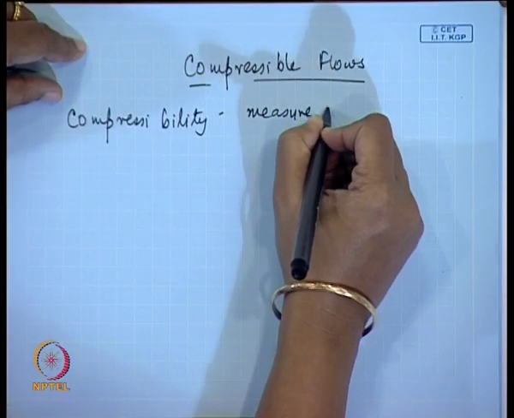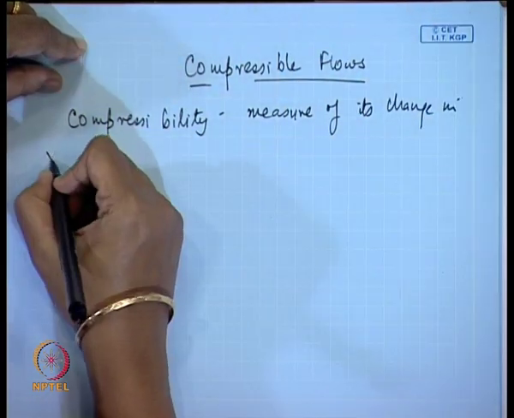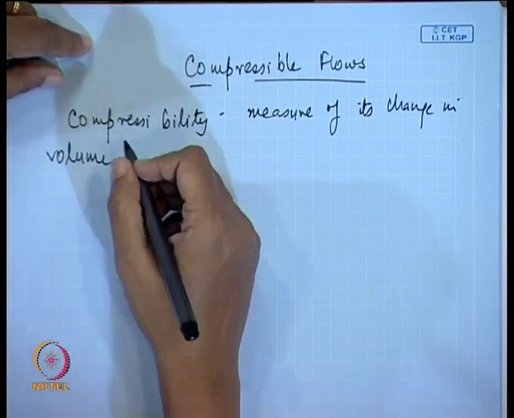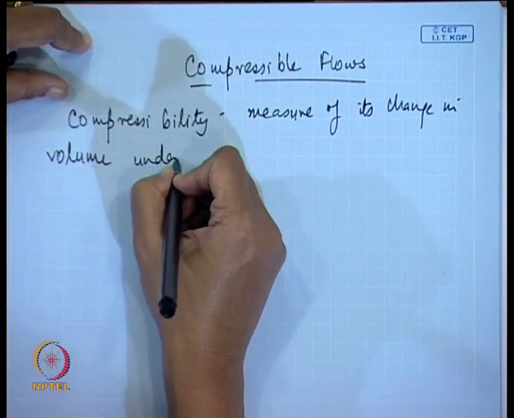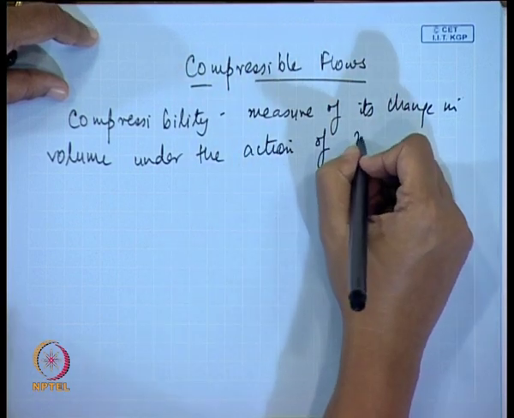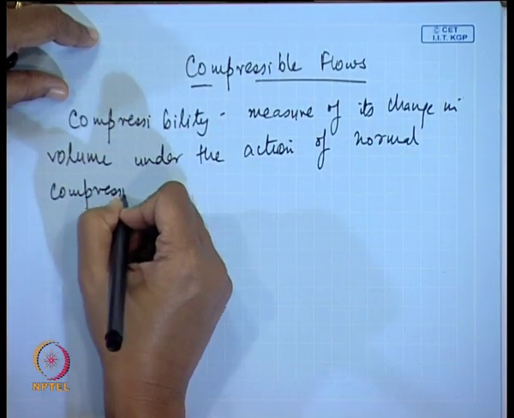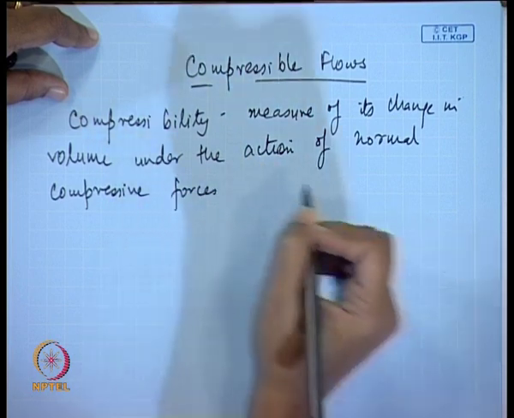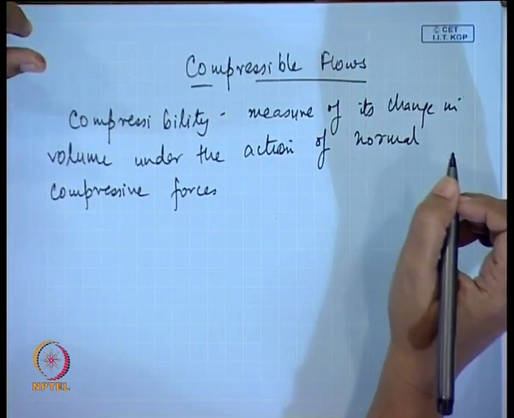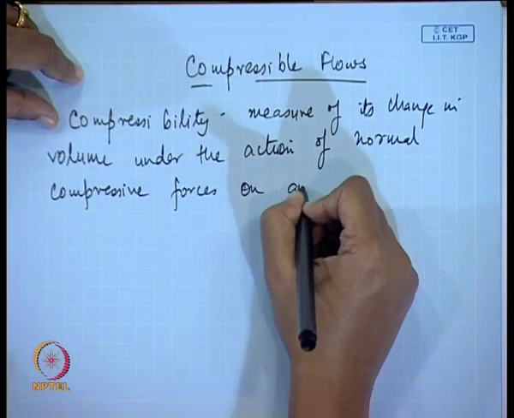The basic definition is that it gives you a measure of the change in volume under the action of normal compressive forces. This is what is important. So, it is a measure of the change in volume of the substance under the action of normal compressive stresses on any fluid element.